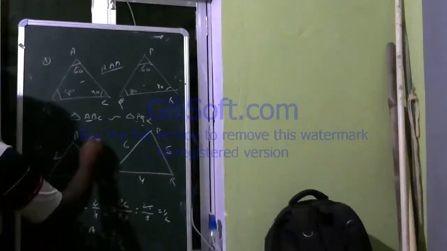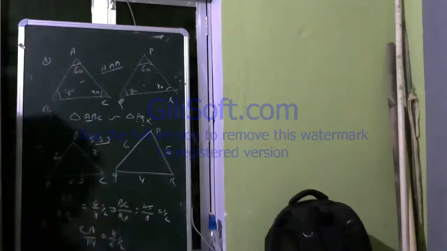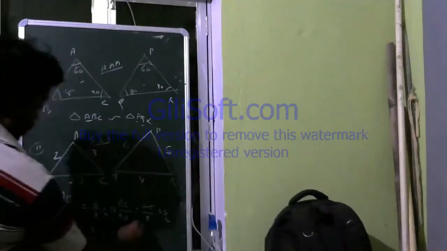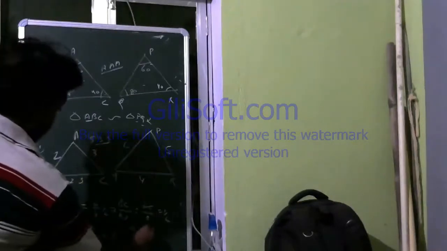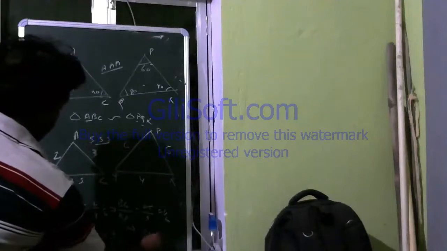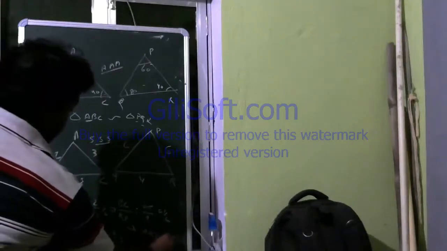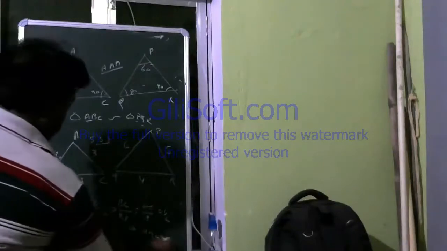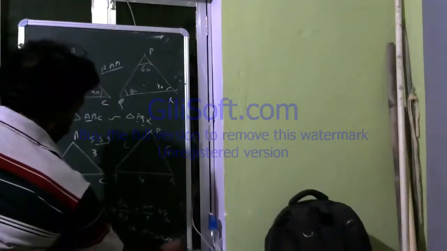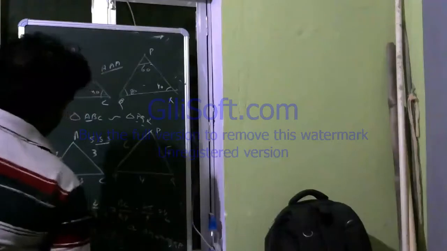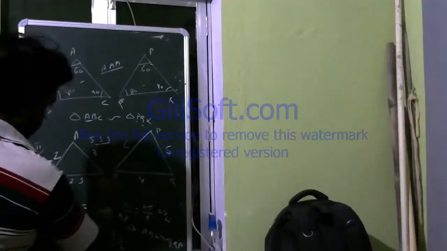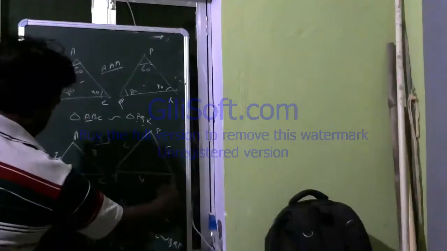So by SSS criteria, you can see that triangle ABC is similar to QRP, because AB is equal to 2, then just double, QR is equal to 4.